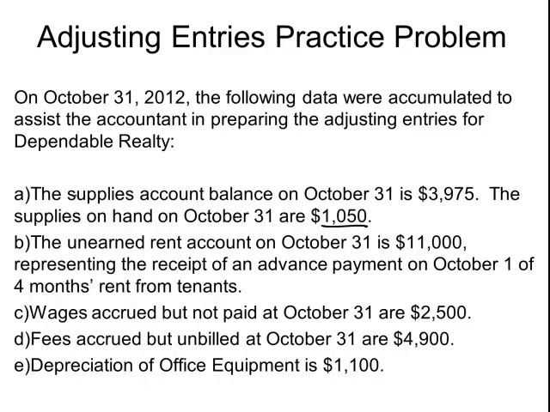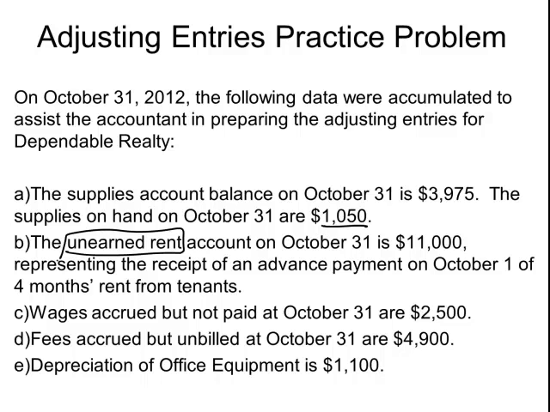The second journal entry deals with unearned rent. Unearned rent is a liability account. We owe rent to someone. We owe the service of rent. In this case, we are renting out maybe a piece of machinery or a building.